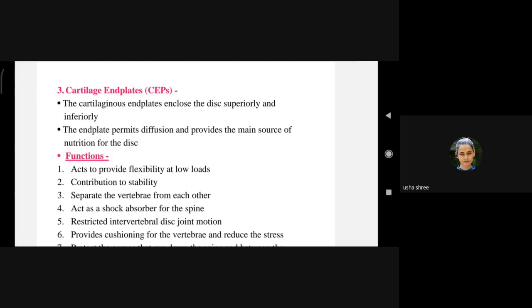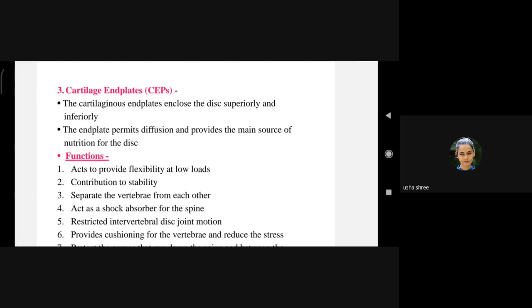Just like that, here in the end plates diffusion is permitted so that our intervertebral disc can get nutrition, grow and function well.